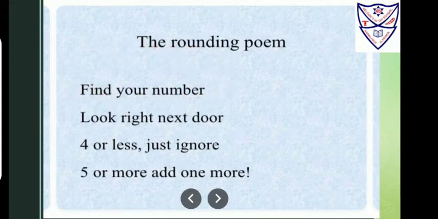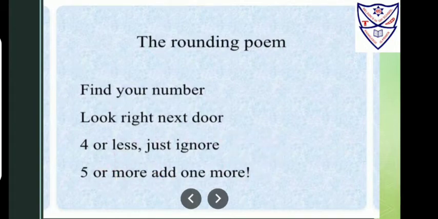Then afterwards you have to see the right next door. What is the meaning of right next door? It means after that number, on the right hand side, whichever number is there, you have to see that. If it is 4 or less, just ignore it and keep it the same. But if it is 5 or more, you will add 1 more.